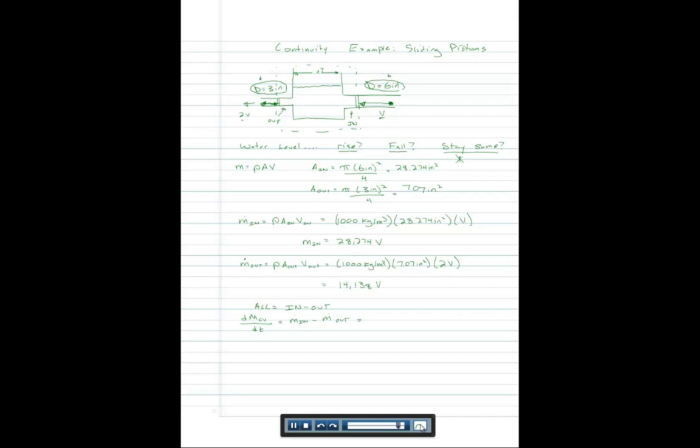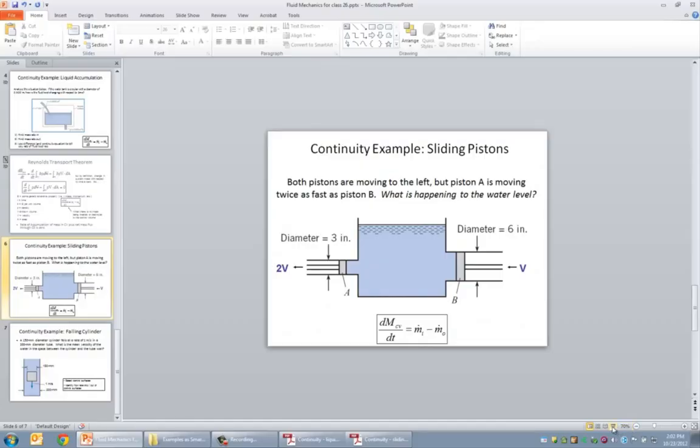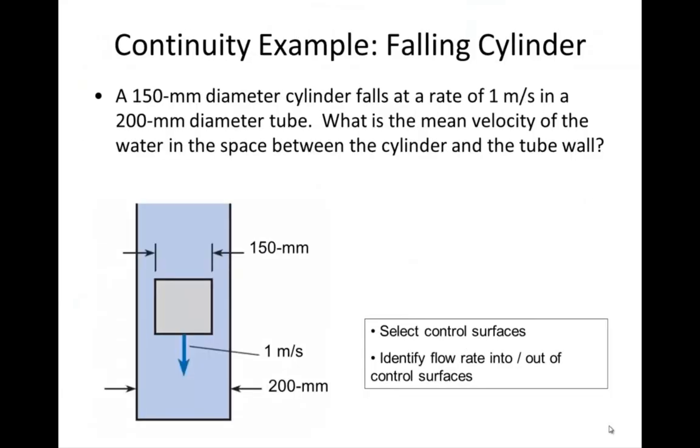So if the mass flow rate in is 28,274 V and the flow rate out is 14,138 V, then the accumulation is 14,136 V. There's more going in than going out, so the fluid level is rising. So the water level is going up.